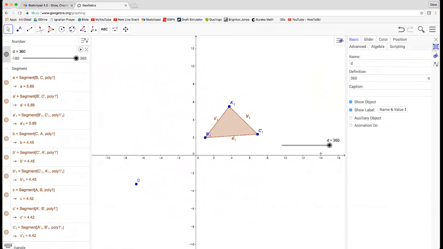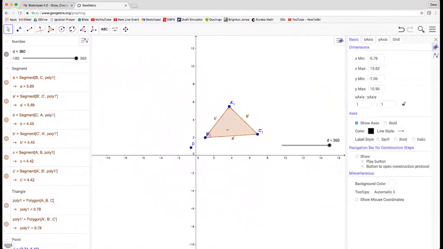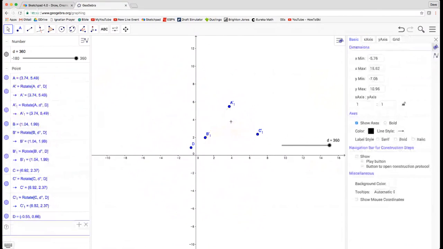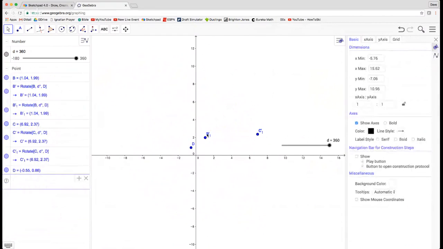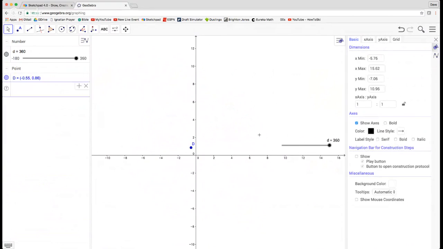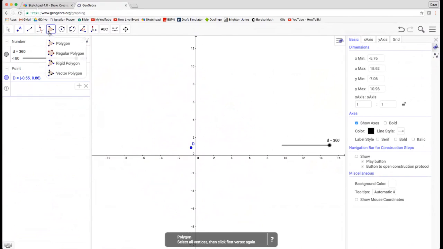Now you don't just rotate triangles. You can rotate other objects. So let's delete this object here, and let's make ourselves a crazy polygon just for fun.